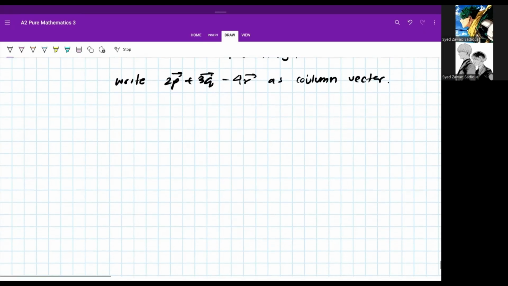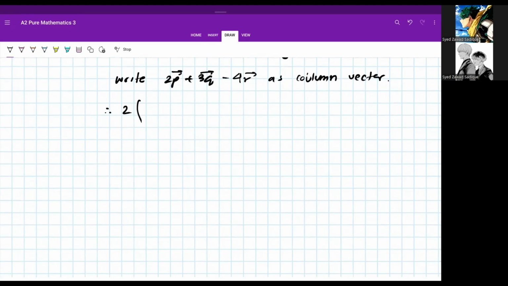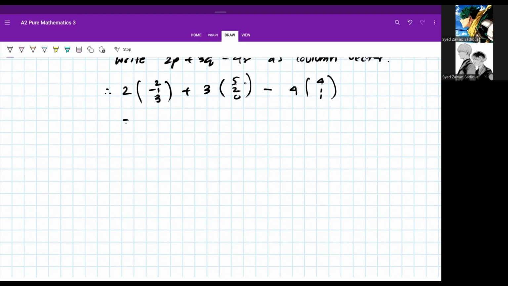Therefore, you can say 2 times (2, -1, 1) plus 3 times (5, 2, 0) minus 4 times (4, 1, 1). After multiplication, addition and subtraction, we get (3, 0, 2). That's the answer.